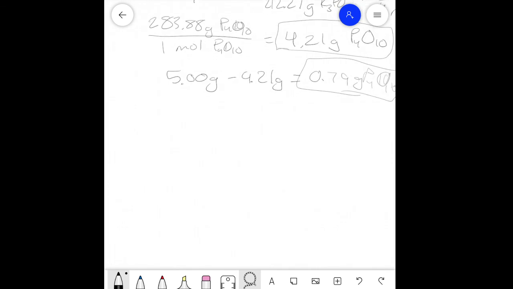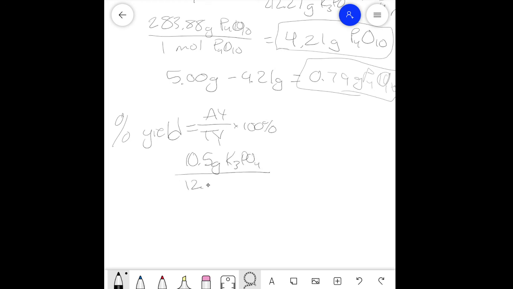Okay, so the last step of these normally super long problems is now we want the percent yield. So as we know, percent yield is just the actual yield over the theoretical yield times 100. And so the problem told us that the person who did this got 10.5 grams of K3PO4, and we know we got 12.6 grams.